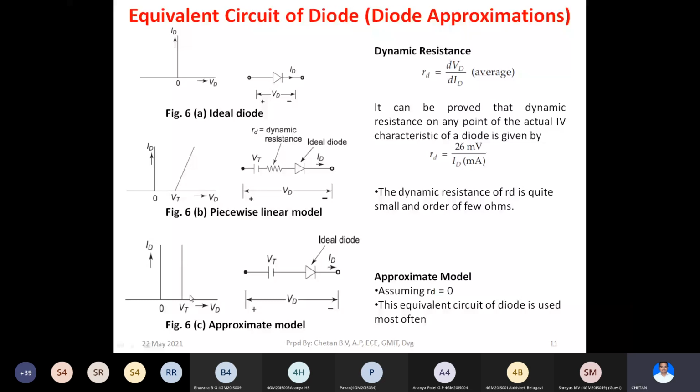As soon as your Vd is greater than Vt, there is a sudden rise in current. Earlier, due to the presence of dynamic resistance, the current was linearly increasing, just like the response of a resistor for the flow of current, according to Ohm's law. Here, Rd is not present, therefore there is a sudden increase in current. So this is the equivalent model.